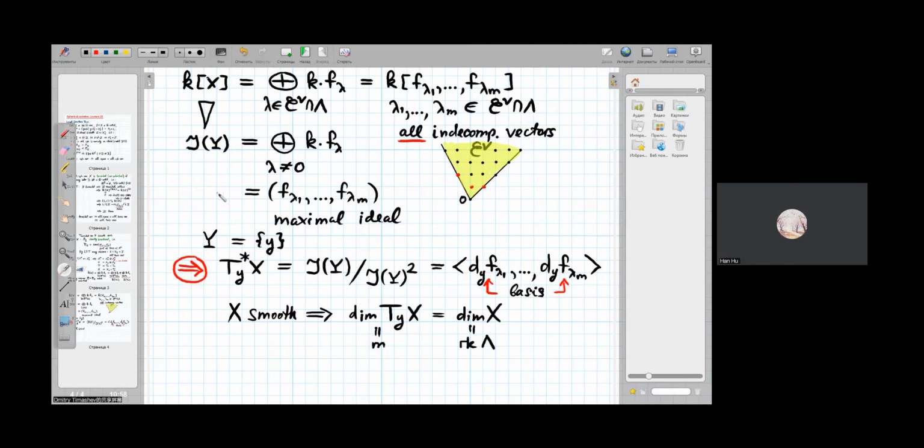In other words, this should be a part of a basis of lambda. So this implies that the set of indecomposable lattice vectors in this cone is, well, in this case, even a basis, because the cone is of full dimension. It is a basis of lambda.